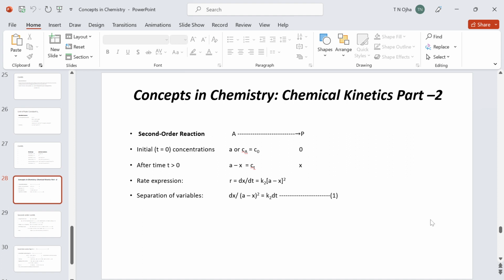Now, rate expression R equal to dx by dt equal to K2 (a minus x) square. I repeat, rate dx by dt equal to K2 multiplied by (a minus x) power 2. Doing separation of variables, we get the equation dx upon (a minus x) square equal to K2 dt.